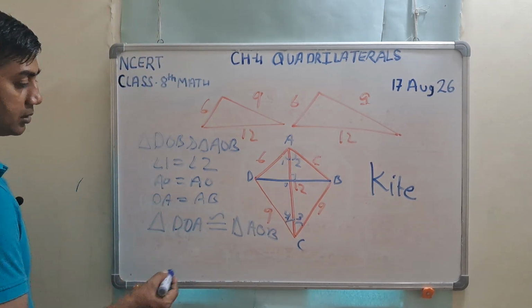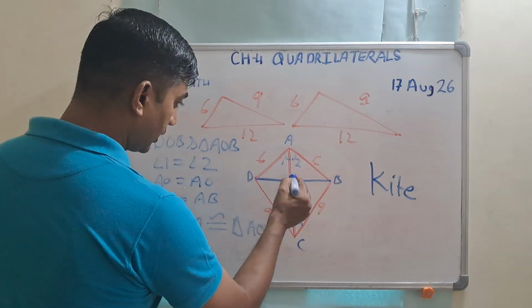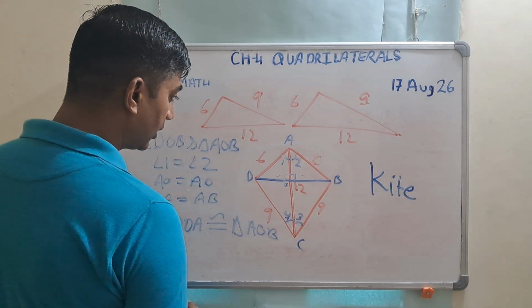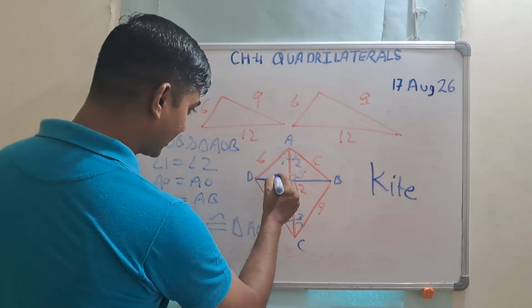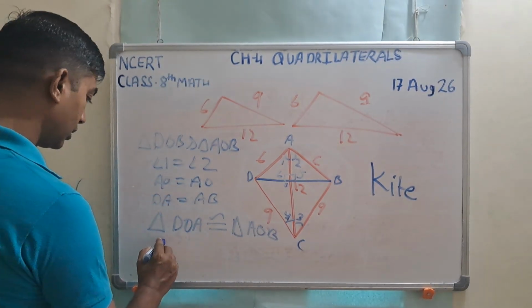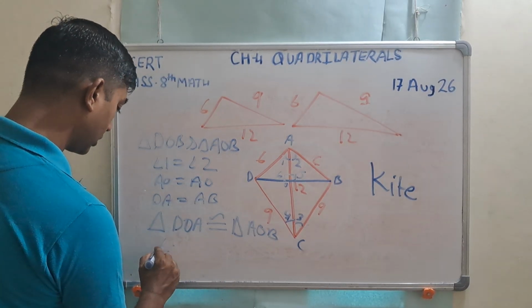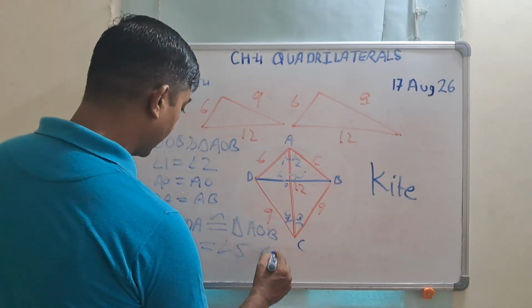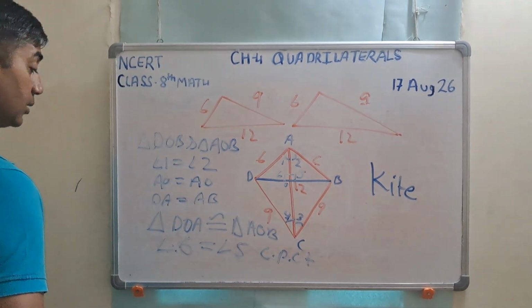Since these triangles are congruent, we can conclude that since these are the corresponding parts of the congruent triangles, if we name them as 5 and 6, angle 6 is equal to angle 5 by corresponding parts of congruent triangles. Understood?